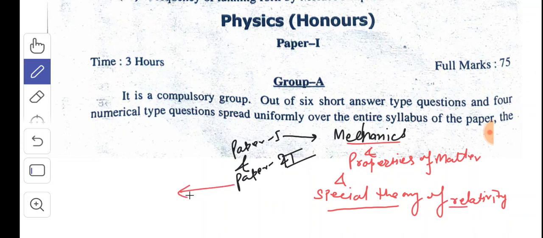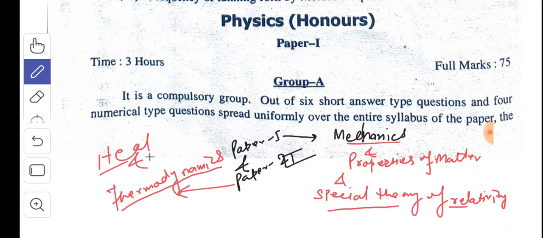Now in paper 2, mainly the topic is heat and thermodynamics.